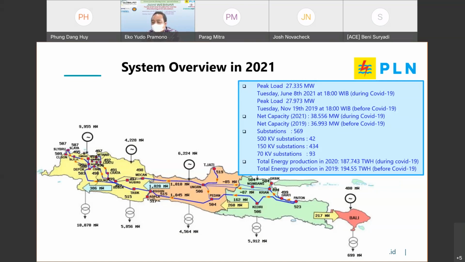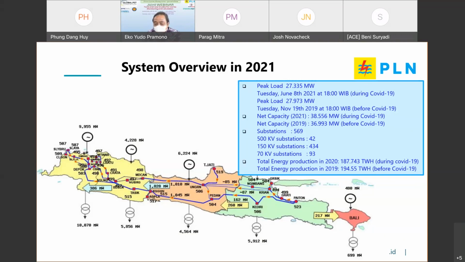Our capacity right now is 38,550 megawatts, an increase over 2019, and we have 569 substations. The energy production is getting lower than 2019, before and during COVID.